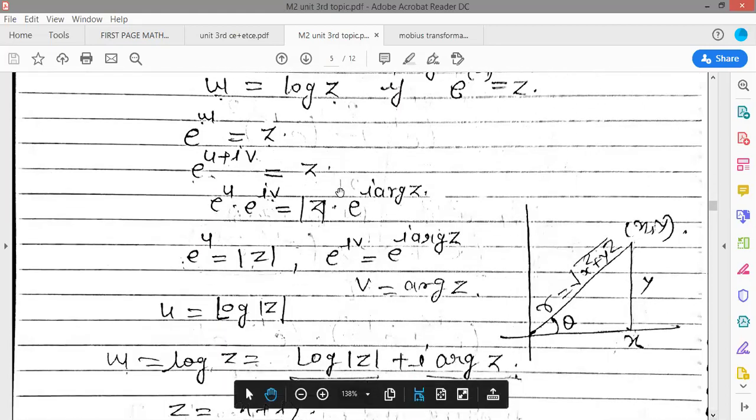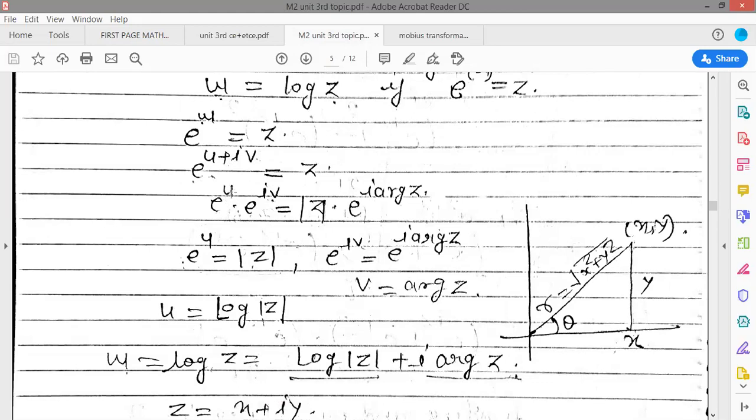So with u plus iota v in the power, you can separate the power. So e to the power u dot e to the power iv is equal to mod z into e to the power i argument z. Mod z is positive, that means the modulus value, into e to the power i argument z.